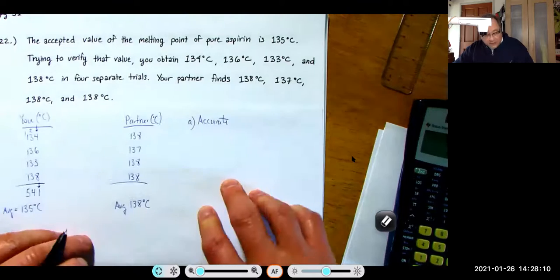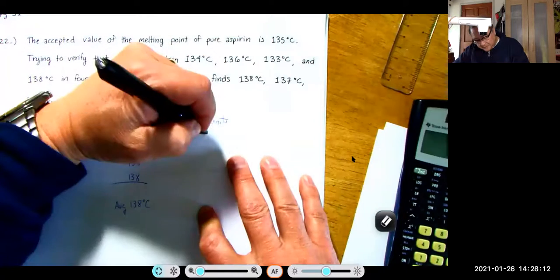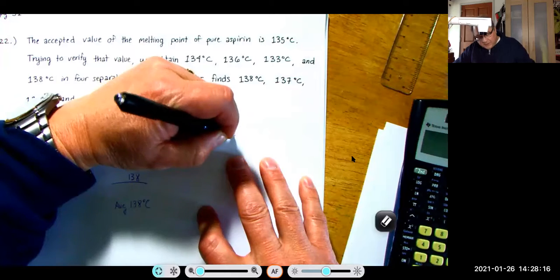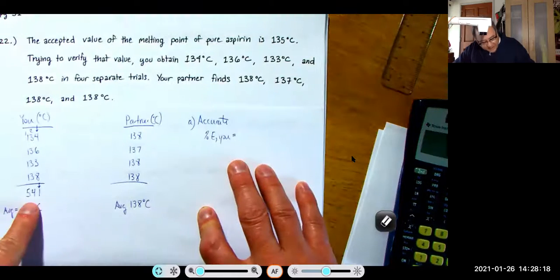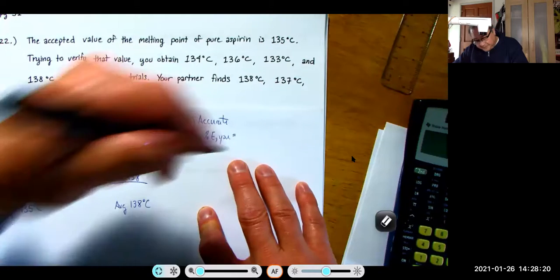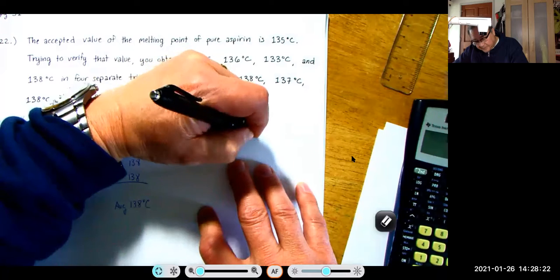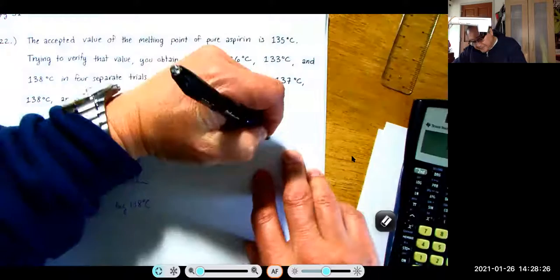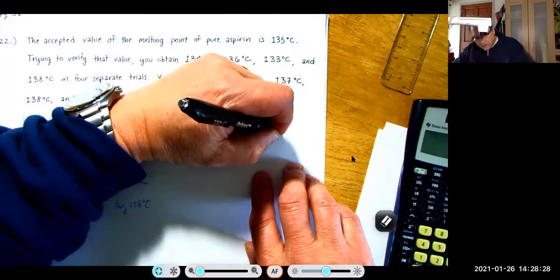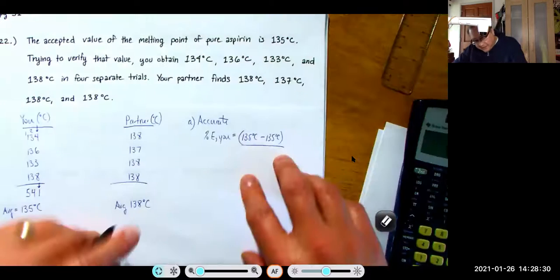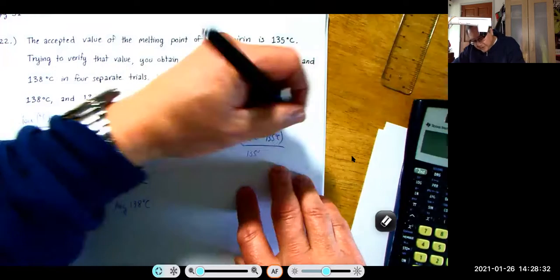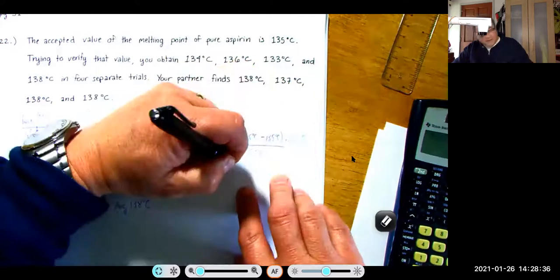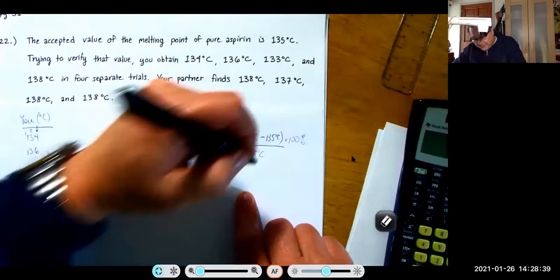So the percent error for you is going to be your average value minus the accepted value over the accepted value times 100%. And I think it's fairly obvious that this is going to be 0% error.